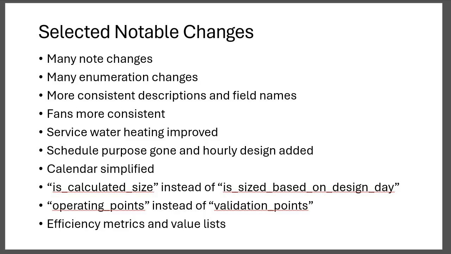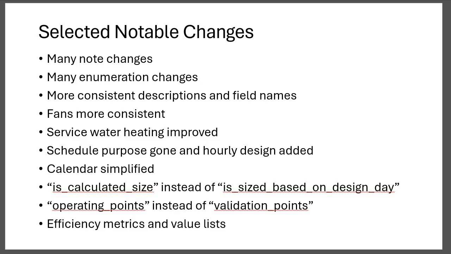We had some data elements that weren't being used. We had a bunch of data elements in different places called is sized based on design day. And we changed those to just is calculated size to clarify how they're made, rather than being so specific there. And then we also had a lot of data groups that were called validation points.